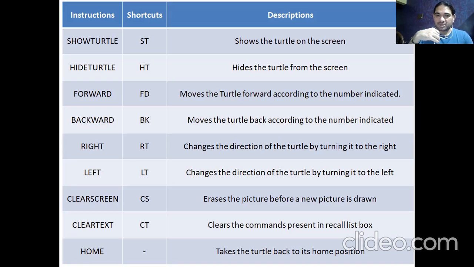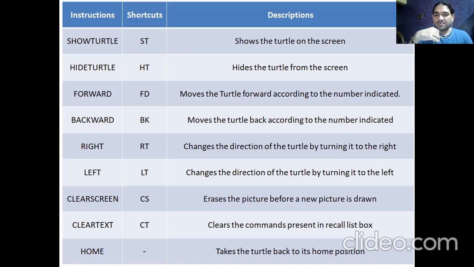Again, the descriptions you can see: ST, show the turtle on the screen; HT, hide the turtle from the screen. FD, forward, move the turtle forward. Backward, move the turtle backward according to the numbers. Right, change the direction of the turtle by turning it to the right. It is the same for the left. Clear screen erases the picture before a new picture is drawn.